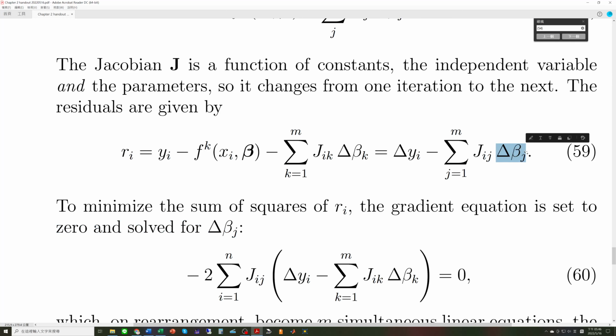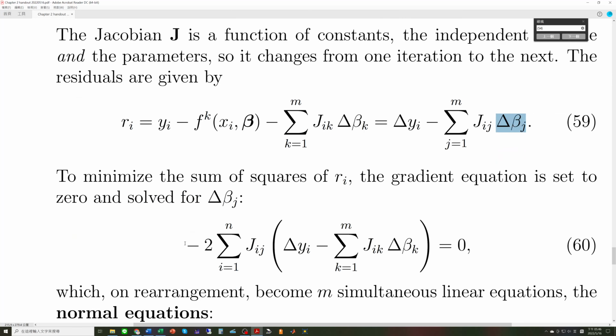So negative 2 times the summation over i from 1 to n of Jij times delta Yi minus the summation over k from 1 to m of Jik delta beta k is equal to 0. It is equation 60.